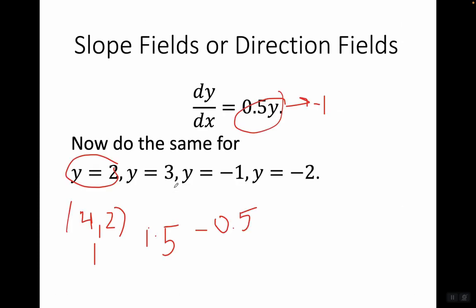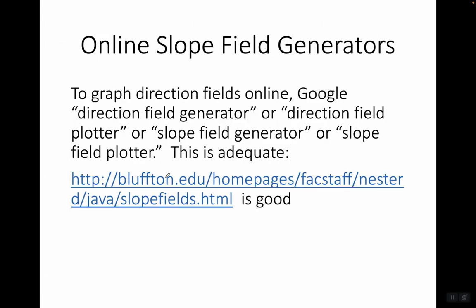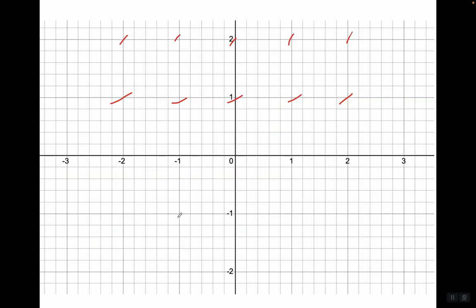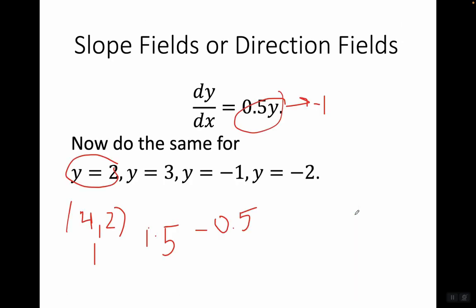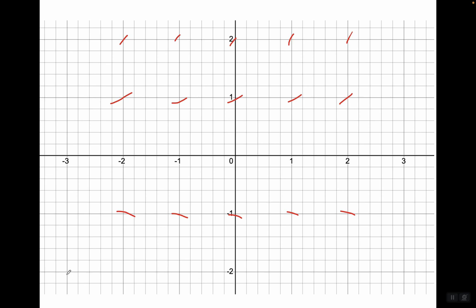When y is 3, the slope is 1.5. Well, that 3 is off the charts. When y is -1, the slope is -1/2, so we need something with slope -1/2. Something like that. And lastly, when y is -2, the slope's going to be -1. So let's do that.